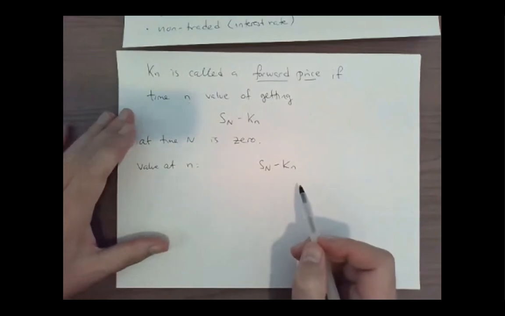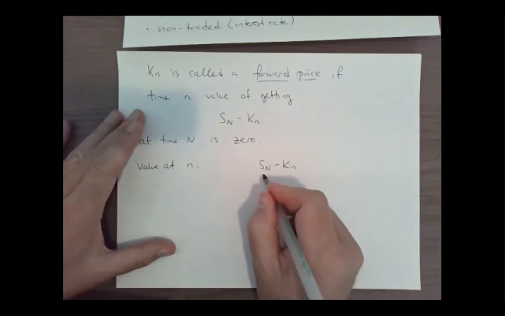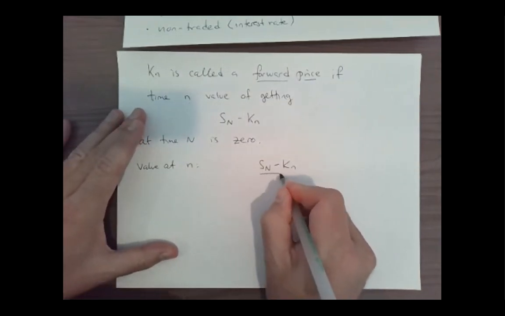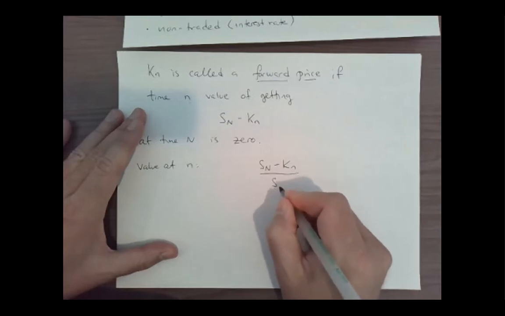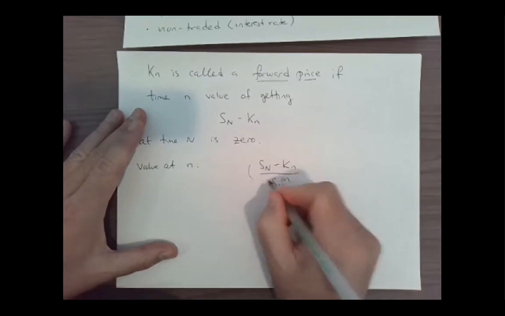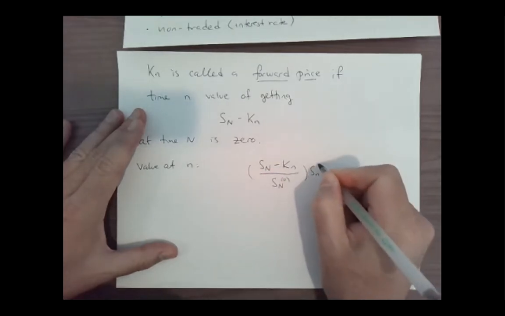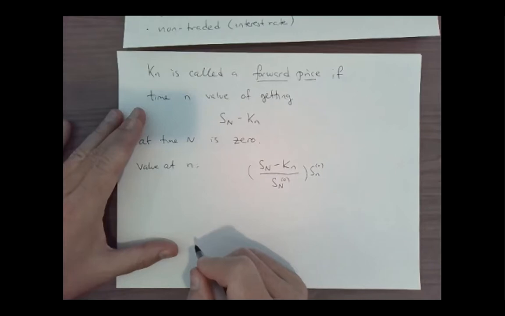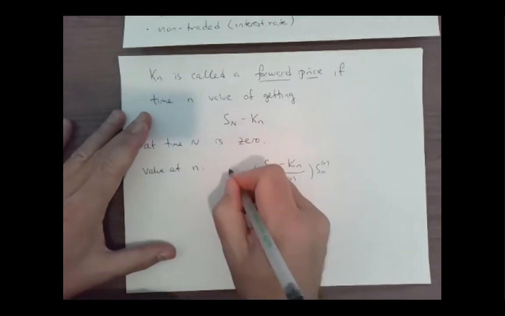So the value here, this is the payoff. So we discount the payoff back by the money market account. That brings it back to time 0, and then I move forward to time little n. And then I compute the conditional expectation.